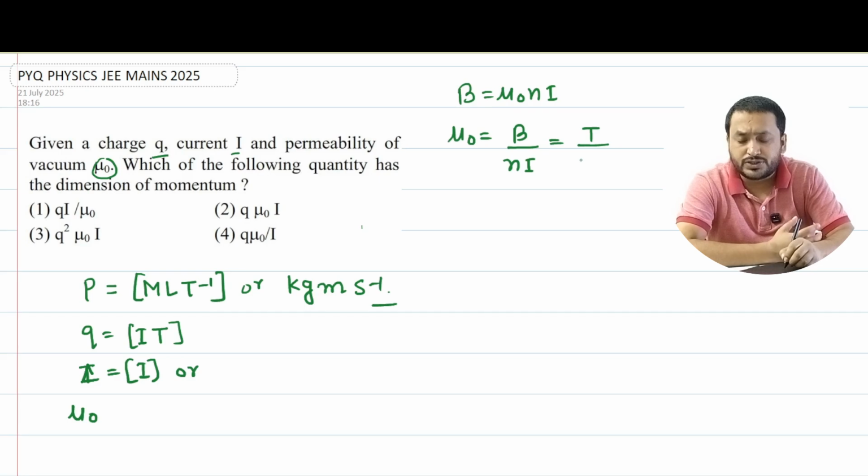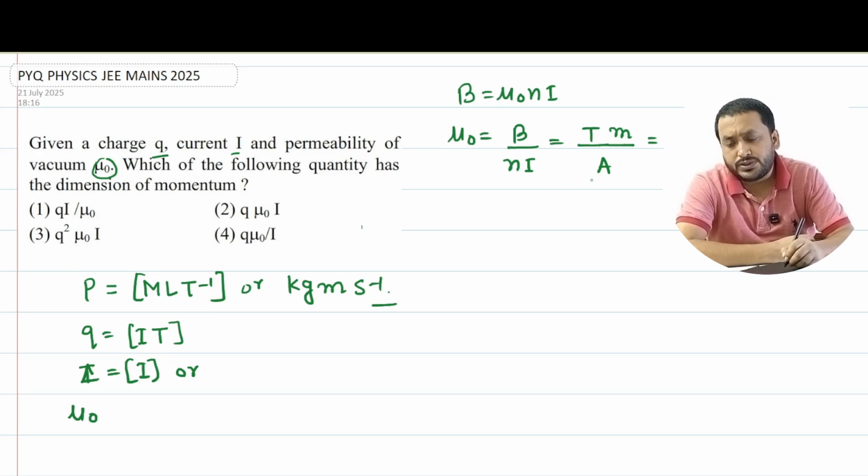Number of turns is just a number, no unit. Per unit length means per meter, so it will go in the numerator. And I we can call ampere. So its unit is Tesla meter per ampere.